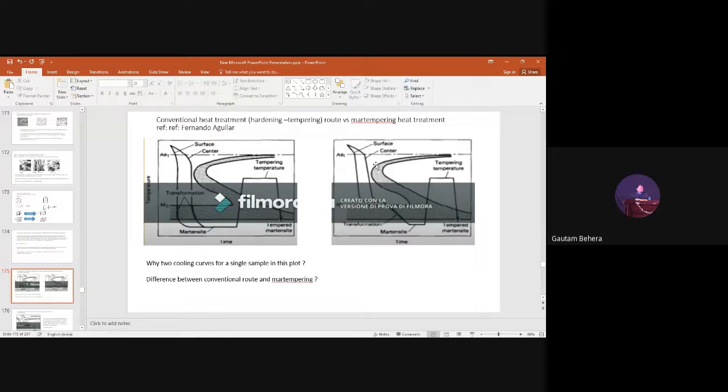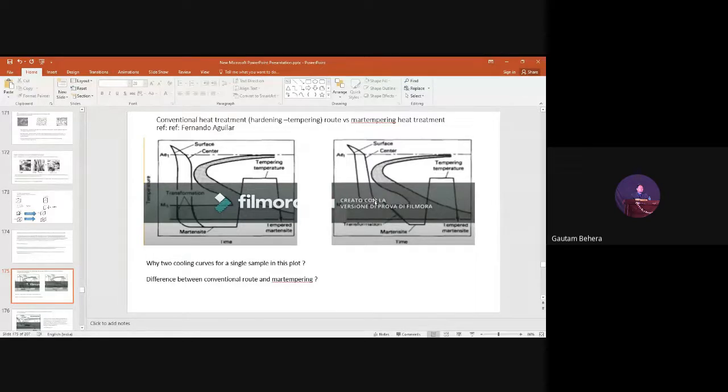But what is this martempering heat treatment? In martempering heat treatment, what we are doing basically, we are taking the steel to the austenitizing temperature. From the austenitizing temperature, we hold the steel. Then finally, we quench the steel. How do we quench the steel? We quench the steel to a temperature just above the MS temperature, because this is the MS temperature.